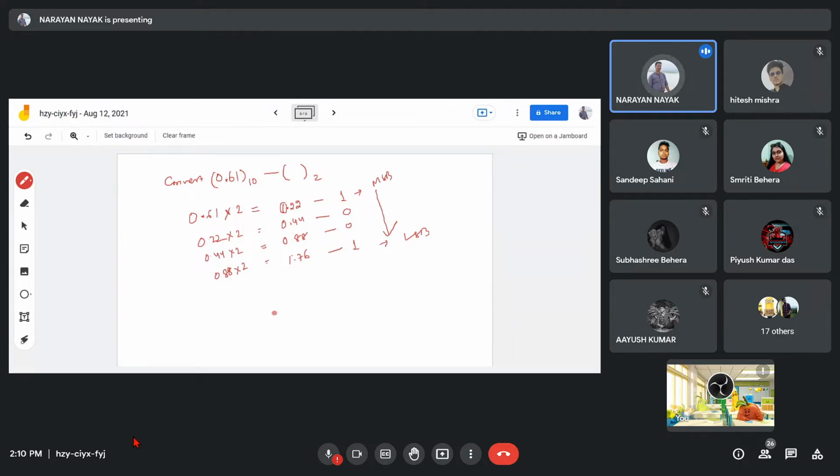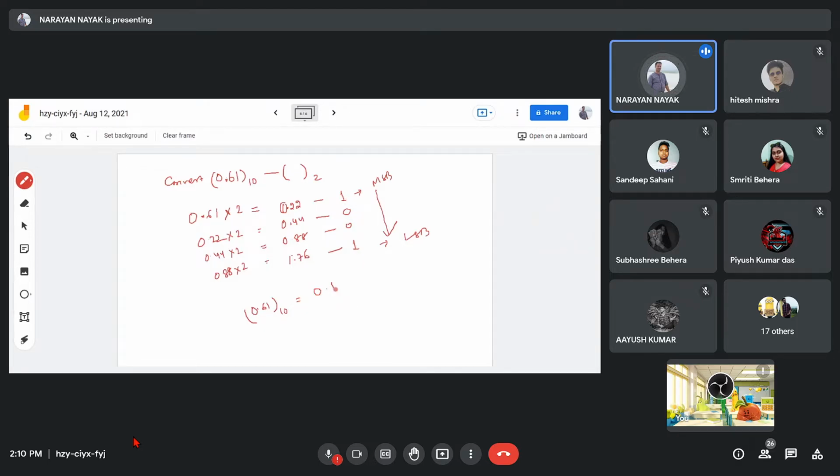Clear? Now what you have to write there? You will write the 0.61 decimal, which is equal to this. You have to consider 0 point. What is the answer you got?